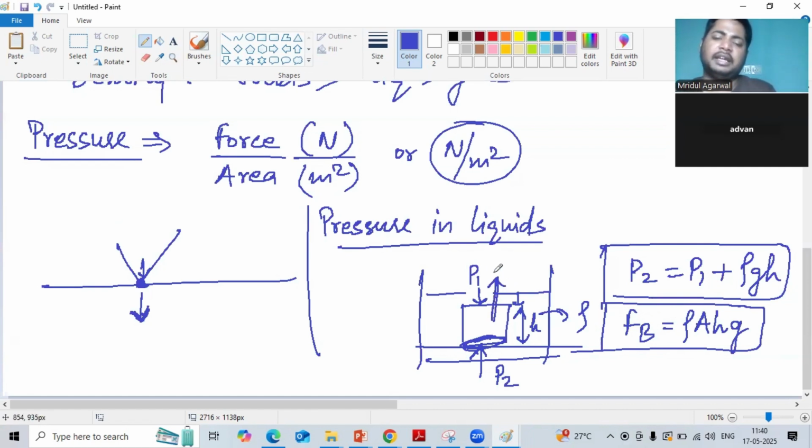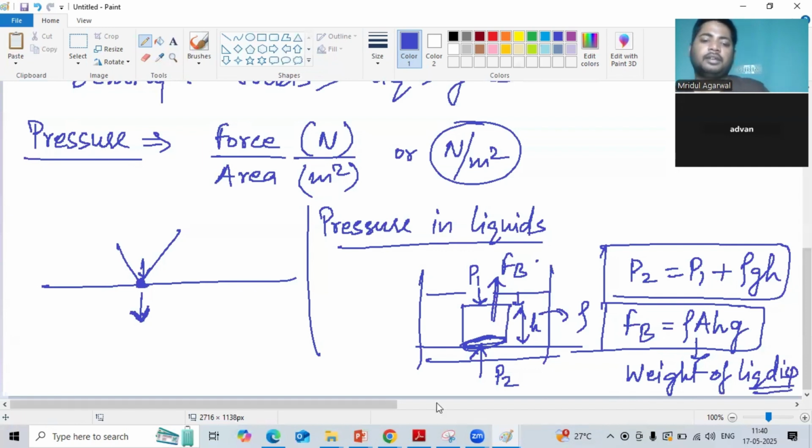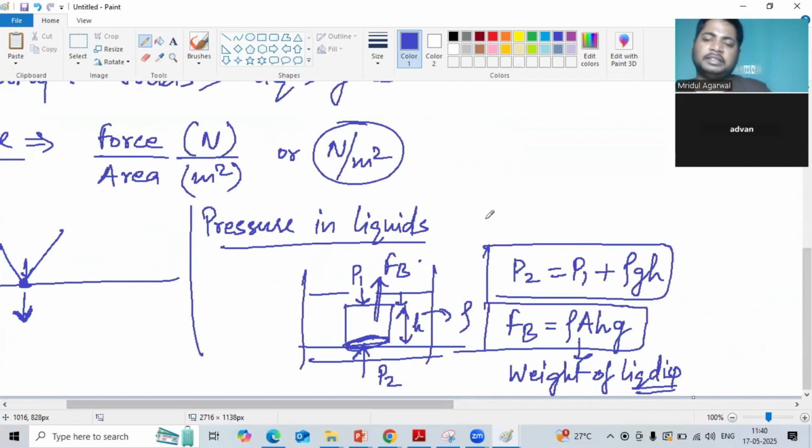This only acts because of the pressure difference. Clear? This is the weight of the liquid displaced. And remember that the density of mercury is always higher than the density of water, that is given as 13.6 gram per centimeter cube.